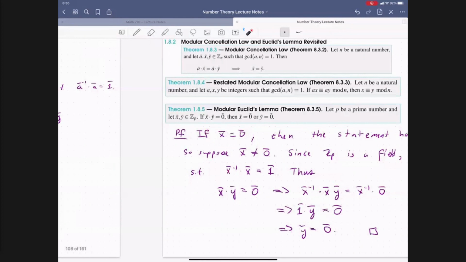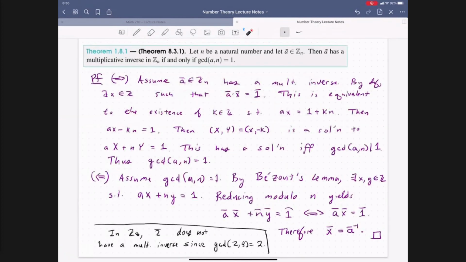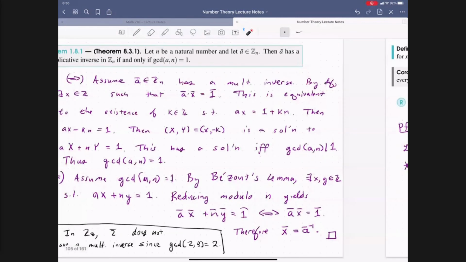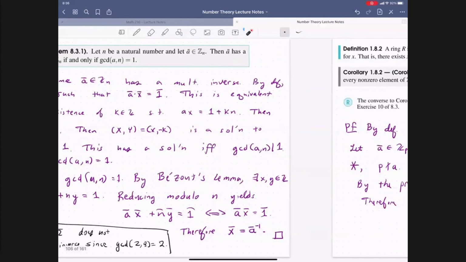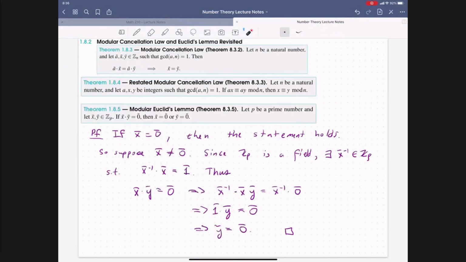If we go back to our proof of the theorem, which we just used by virtue of quoting that the integers modulo p is a field, then this proof relied on Bezout's lemma, which is the main ingredient for Euclid's lemma. And so even though we have a different proof of it, specifically a different proof of Euclid's lemma in this realm of modular arithmetic, it really is the same proof, just that we are now translating everything into modular arithmetic. And that's one thing we're going to be seeing as we go on. We're going to continue to translate some of the statements we did before into this language.